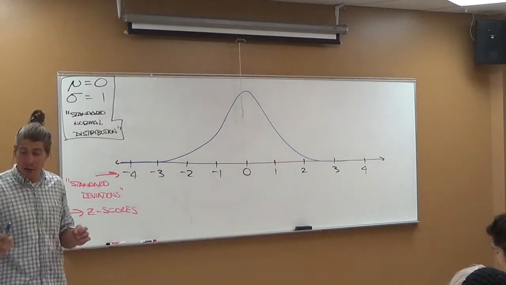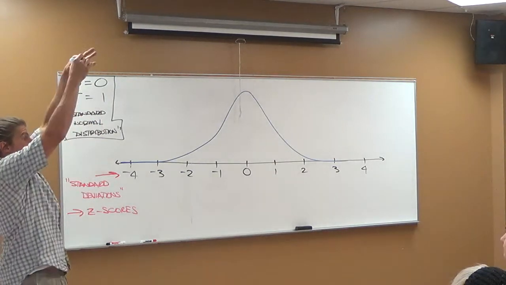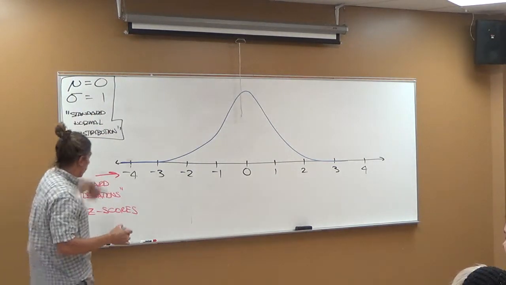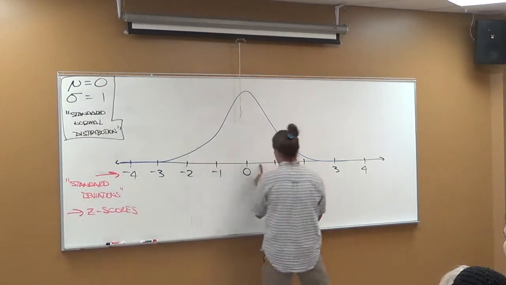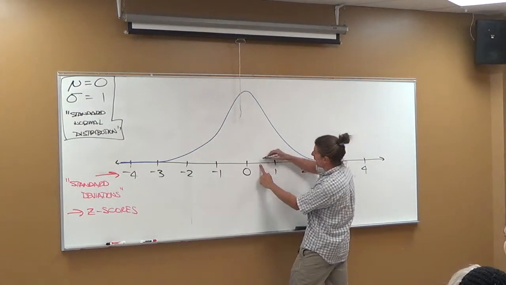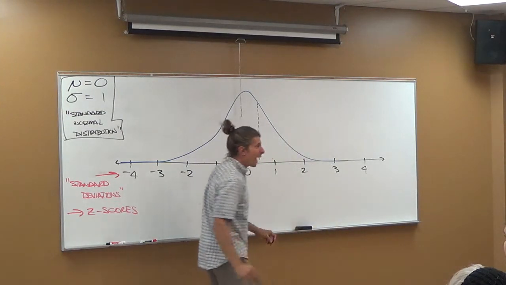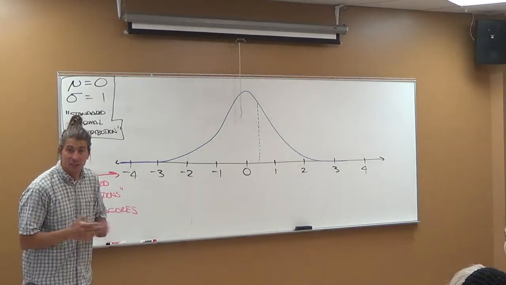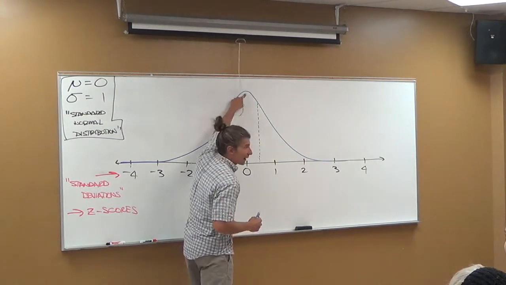And each one of those dots represents the probability of the z-score directly below it. So the probability that you land exactly at 1/2 would be given to you by that height right there. The chance that you land at 0 would be given to you by that height right there.